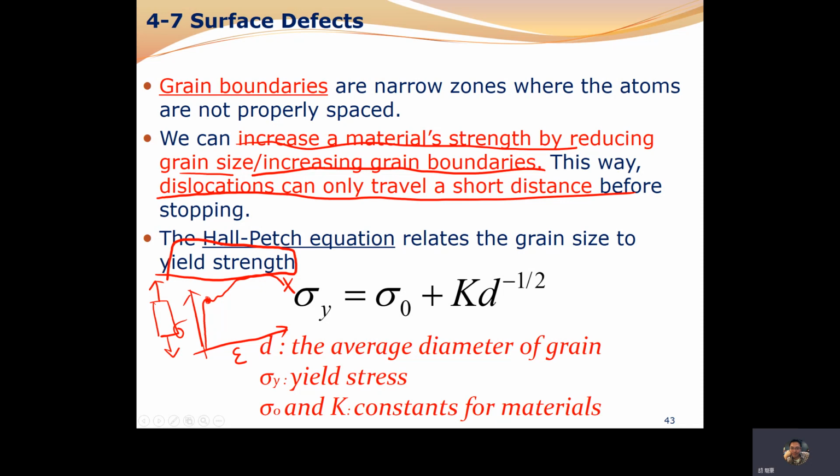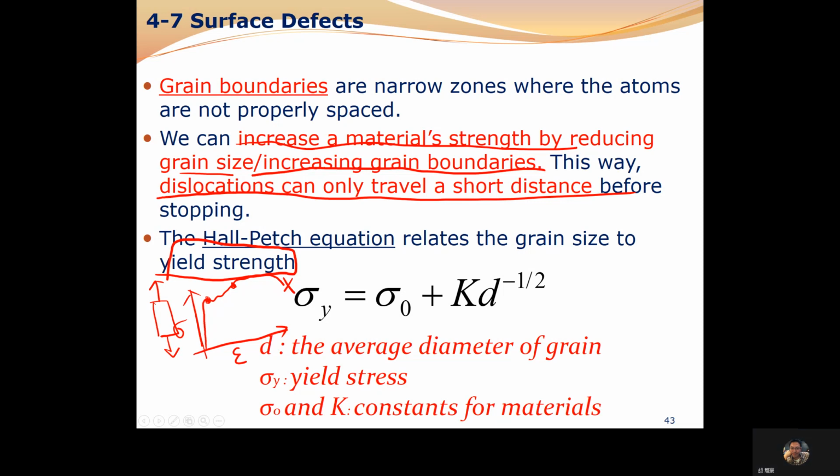When we apply a stress higher than the yield stress, for example here, plastic deformation occurs. That means when we release the stress, the dimension change will not return to its original dimension.